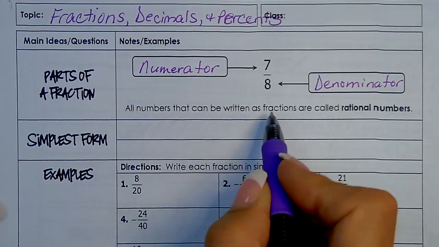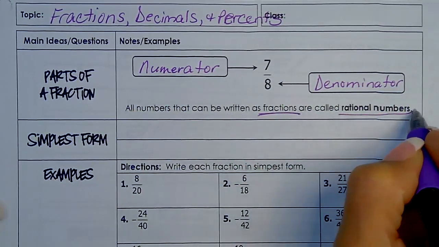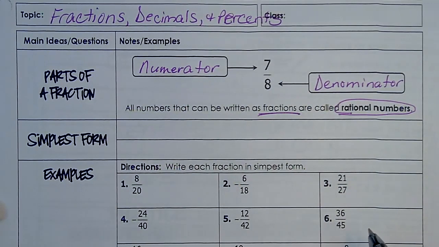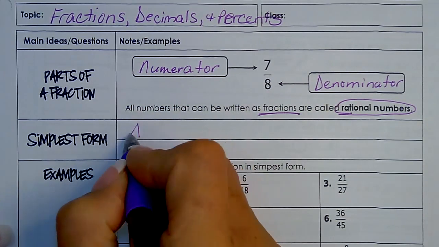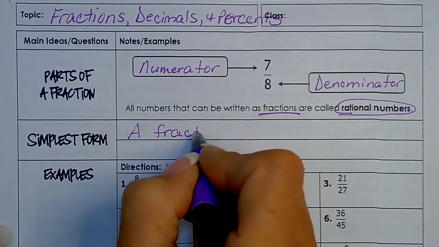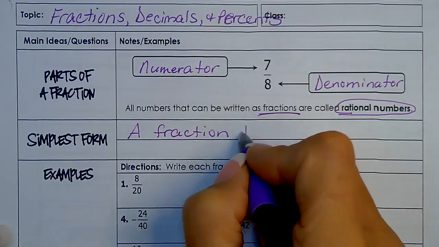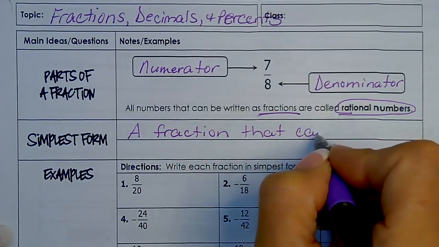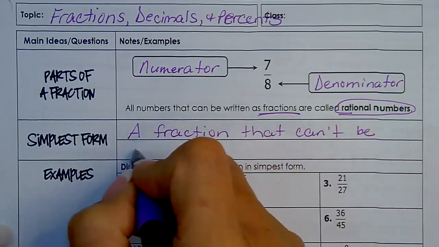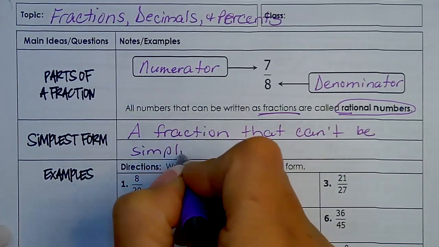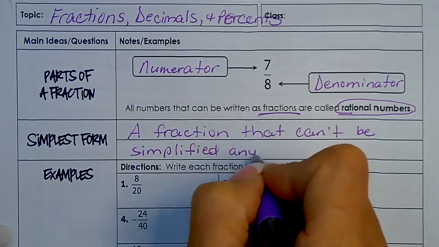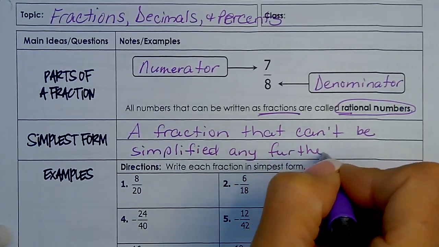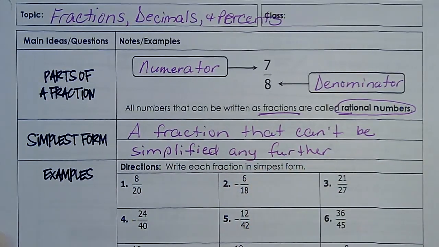All numbers that can be written as fractions are called rational numbers. Simplest form. Simplest form is a fraction that can't be simplified any further.